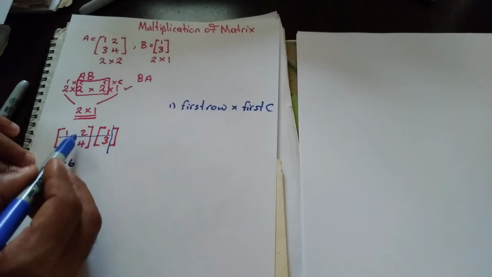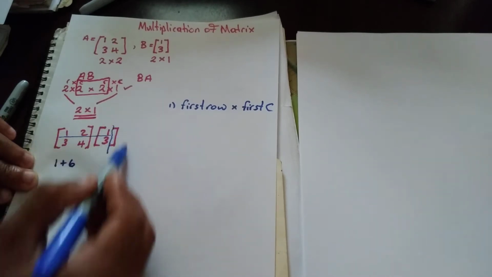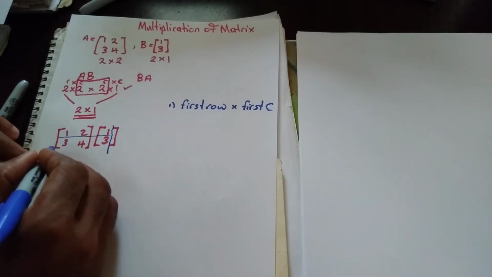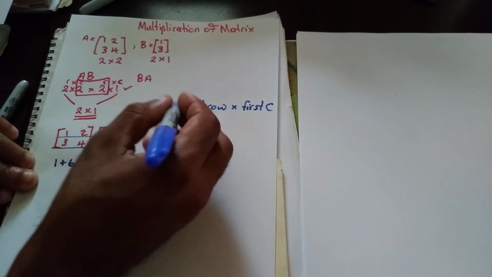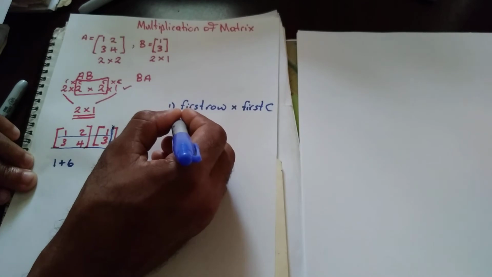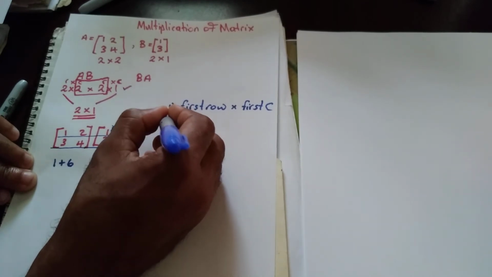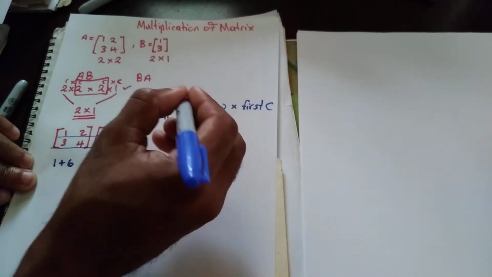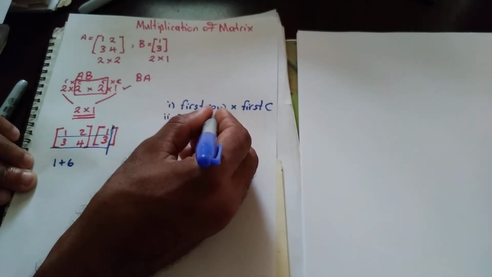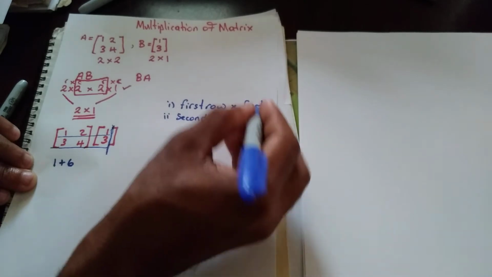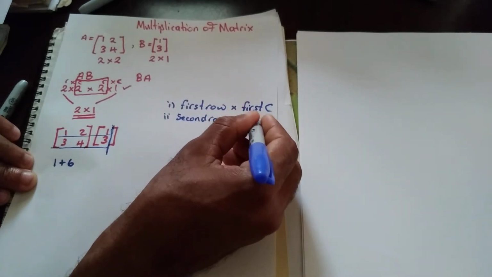Then we are finished because we don't have any more rows to multiply here. So I'm going to multiply second row by first column. So it's second row by first column.